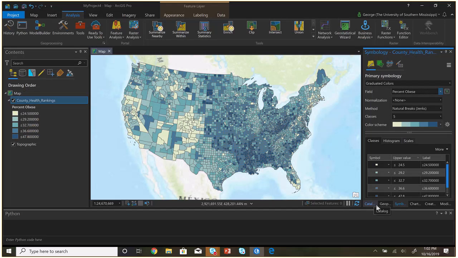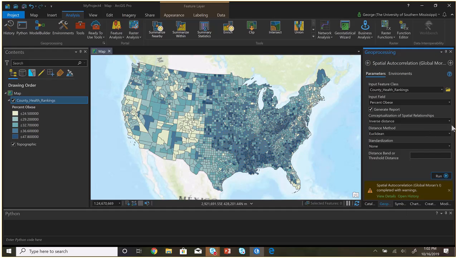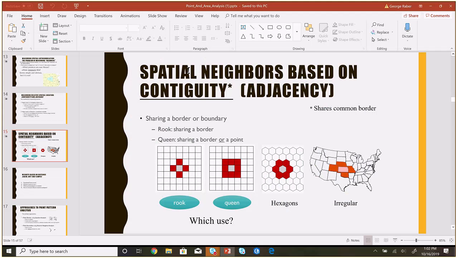When we go to run it, if we did contiguity with edges only, contiguity with edges and corners, that's the difference between what in other GIS software packages I'll sometimes refer to as rook versus queen connectivity, and that's really derived from chess. Rook is the same as edges only. Queen is the same as edges and points.